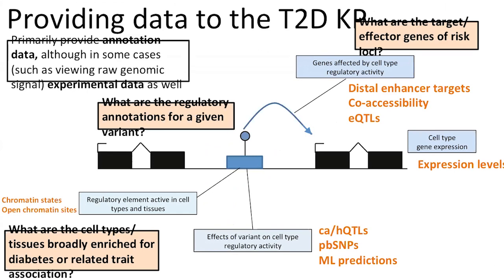So this slide relates to one of the very first slides that we saw, the data that is available, and encapsulates data in DGA and how it will be integrated into the T2D Knowledge Portal, which is the genetic platform for T2D.